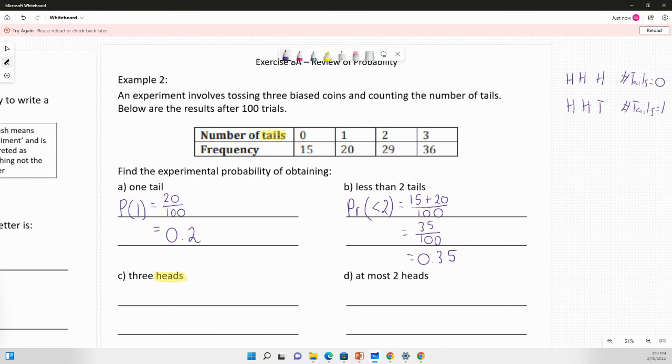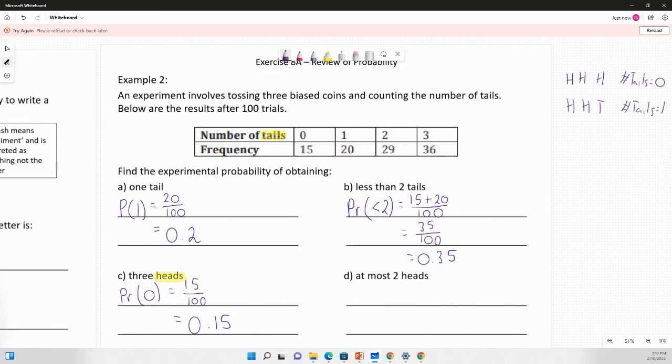So to find the probability of getting 3 heads, we're actually interested in the probability of getting 0 tails. And that was 15. There's 15 here who got 0 tails out of 100. So the probability is 0.15, or you can write that as a simplified fraction.